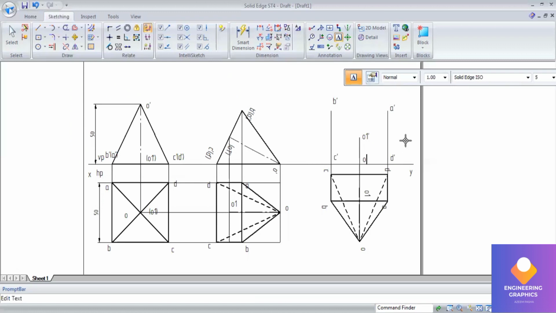Okay, first I will construct the square base here. I will construct first this A dash, B dash, C dash, D dash, and the straight line.